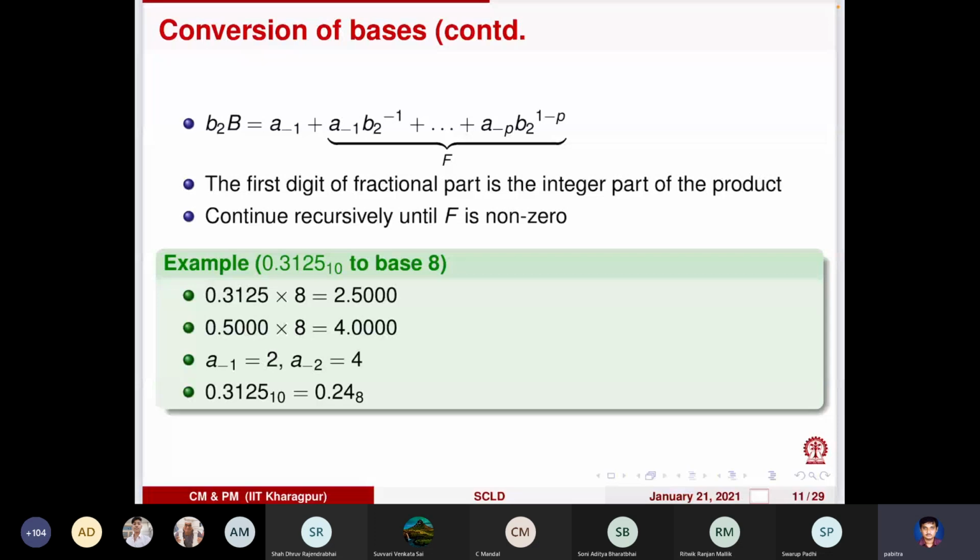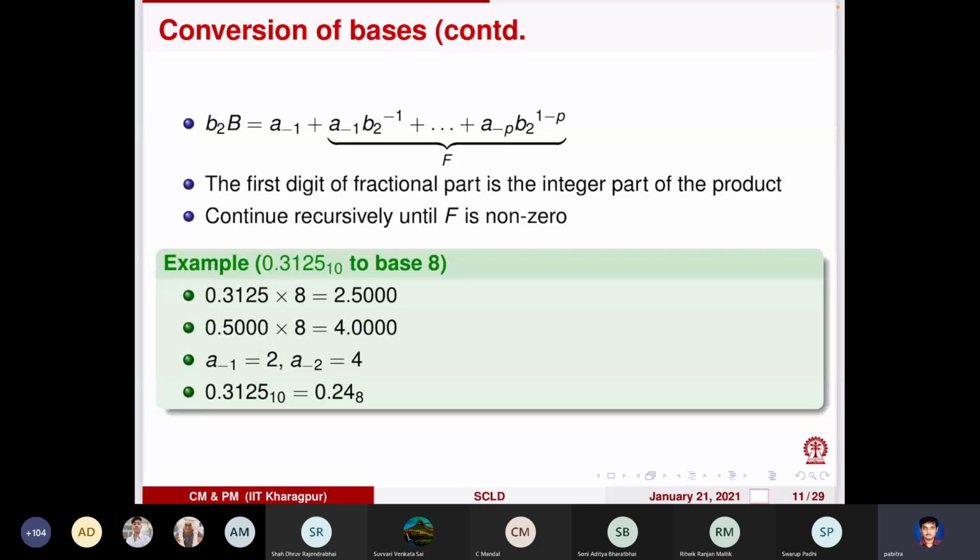The f part is 0.000. As long as the f part is non-zero, you keep on doing this recursively. We got f as 0 in the second step itself. So a_-1 is 2, a_-2 is 4. So 0.3125 base 10 is 0.24 in base 8. We write this 0.24 to denote that this part is the fractional part.